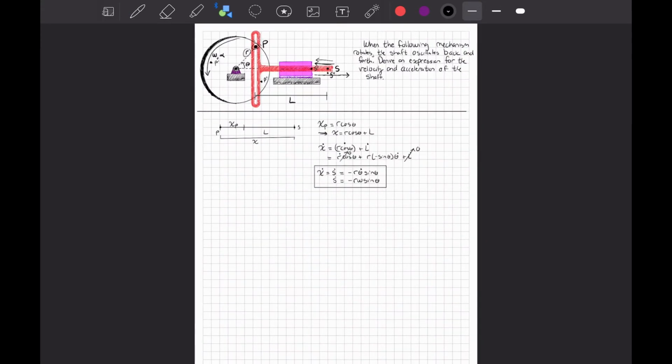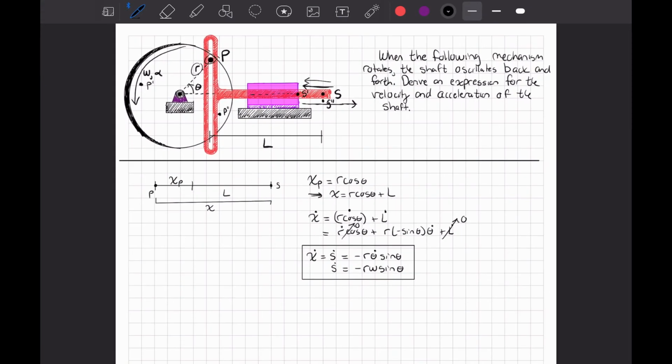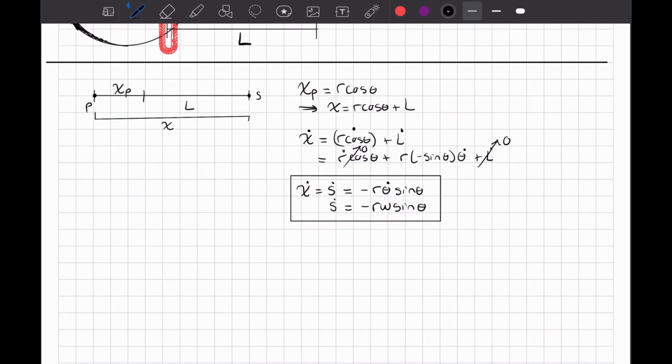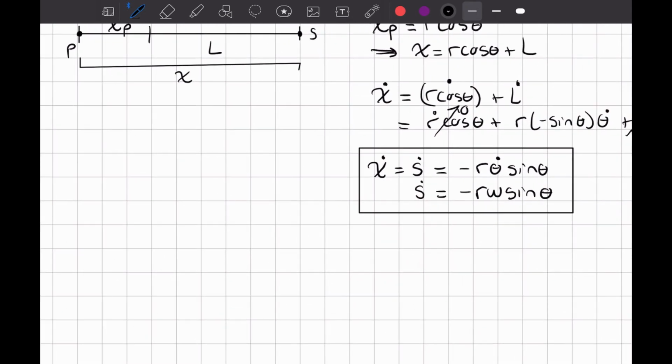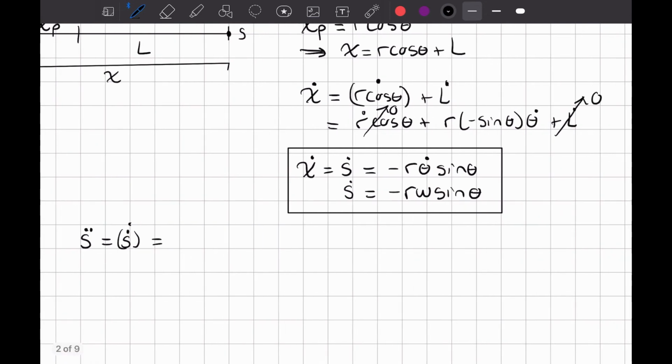So there's part one. So now all we've got to do is take the acceleration. And so all we're going to do is take our previously derived expression and just do another derivative to it to obtain the acceleration. So S double dot is just going to be equal to the derivative of S dot, which is going to be equal to minus R omega sine theta, all differentiated.